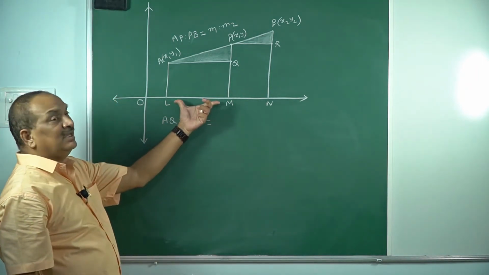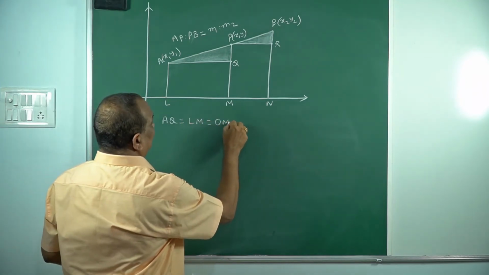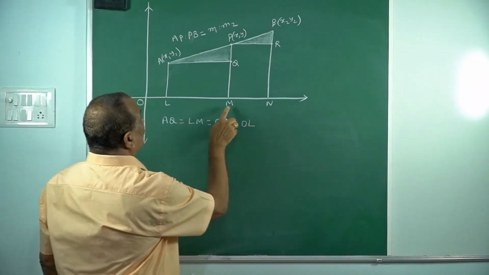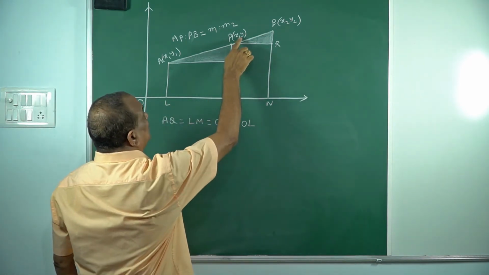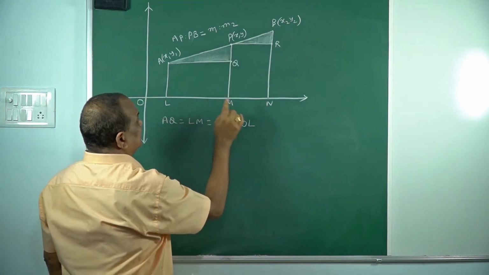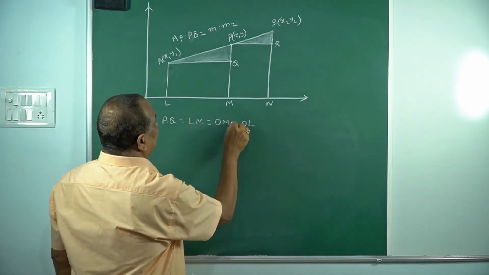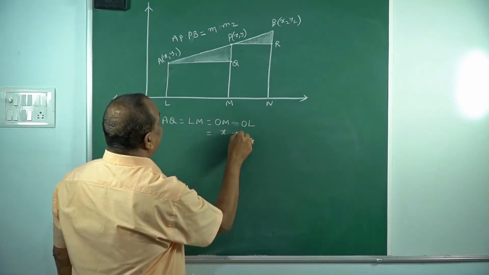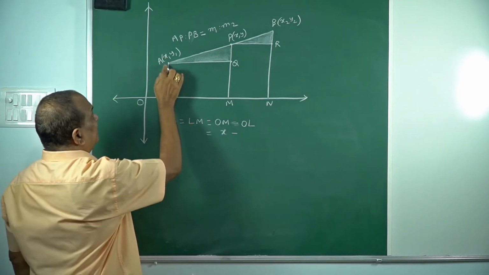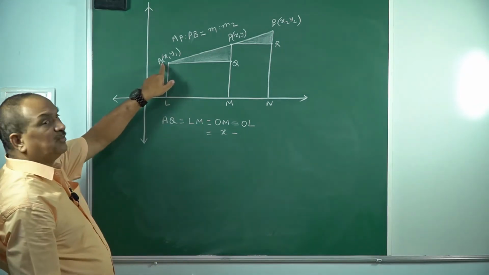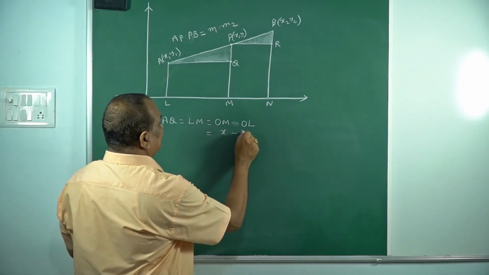This LM means OM minus OL. OM is what? From here I came X and moved up Y. That's how I got this point. So OM is X. OM minus OL. So here it is X minus, what is OL? X coordinate X1, because X1 and Y1, to reach this point. So I just write X minus X1.